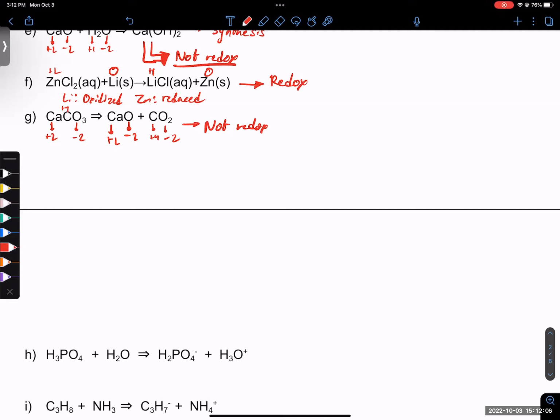We memorize that. So if you do the math that we did earlier, you get -2 times 3 for 3 oxygens, plus the 1 carbon is equal to -2, the overall charge. And when you do the math, you get that carbon has a +4, and we already knew oxygen has a -2.